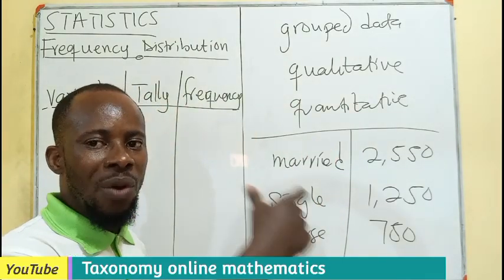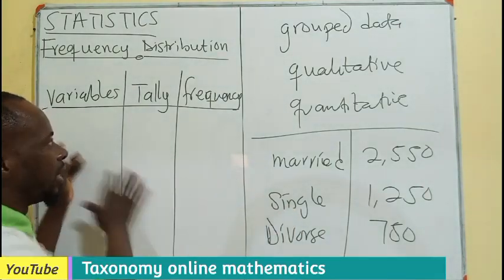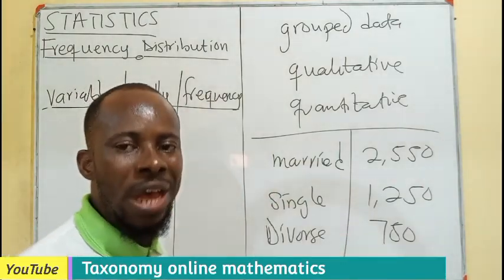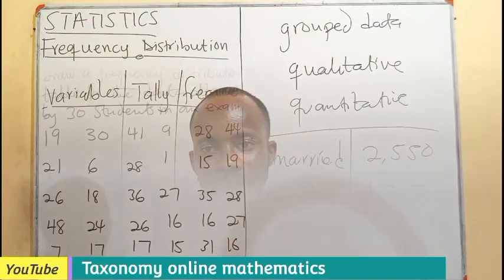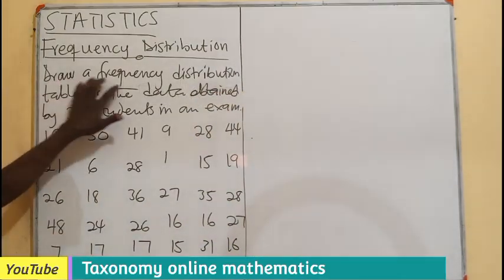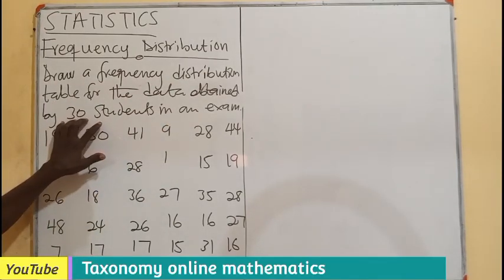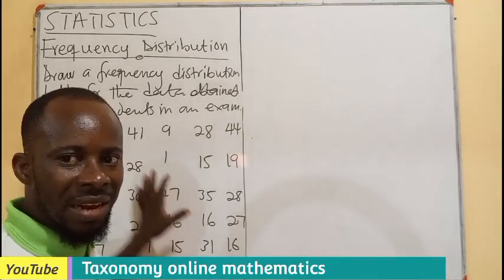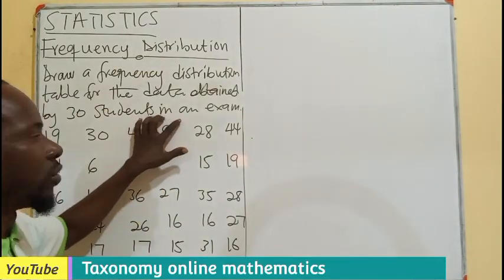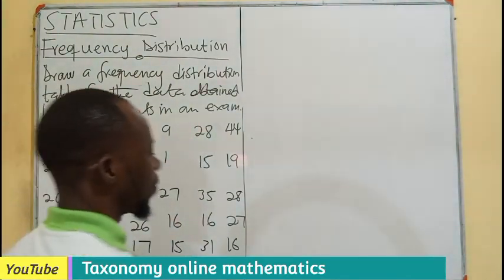So we are going to take a question and see how we can translate this into answers or a solution to a particular question. Okay, so we are to draw a frequency distribution table for the data obtained by 30 students in an examination. So you can see that the variable here is going to be the scores in an examination. Then we have our tally.